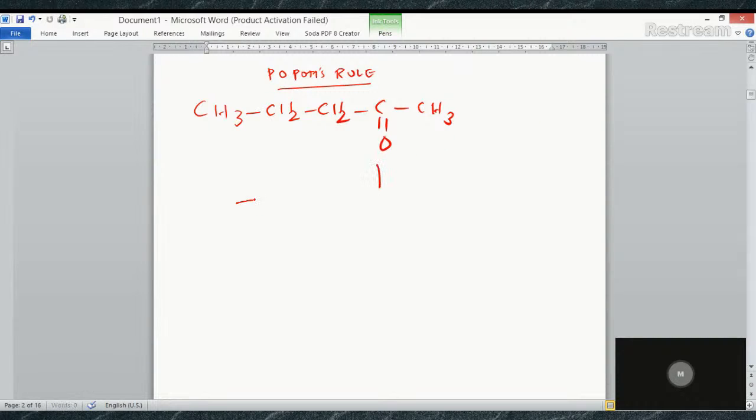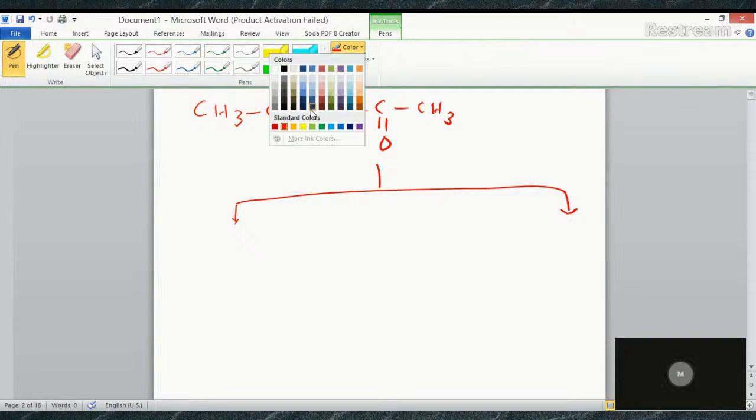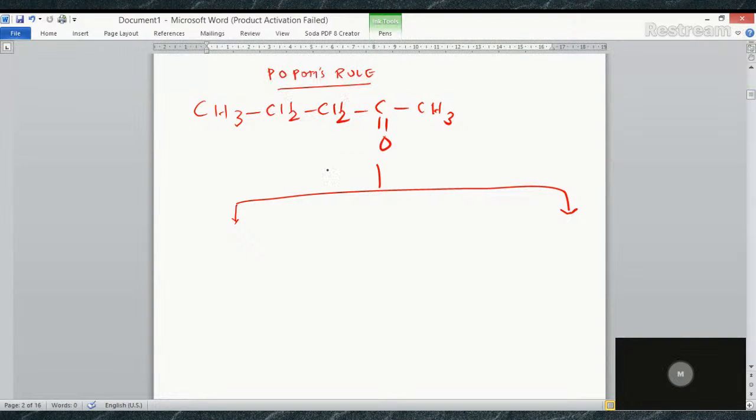Here there are 2 types of cleavages. One will be the A-type cleavage. According to that A-type cleavage, the alkyl group having the lesser number of carbon atoms is leaving with the carbonyl group. Just see this splitting. This CH3 will take up the C=O.